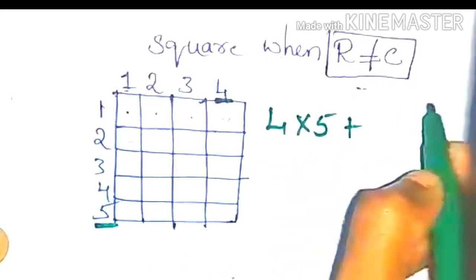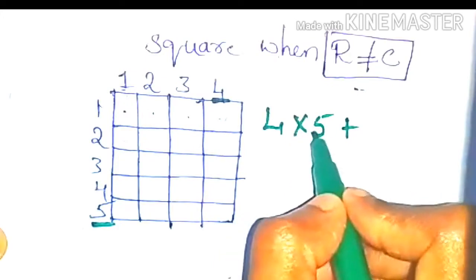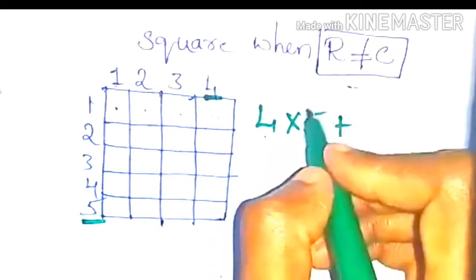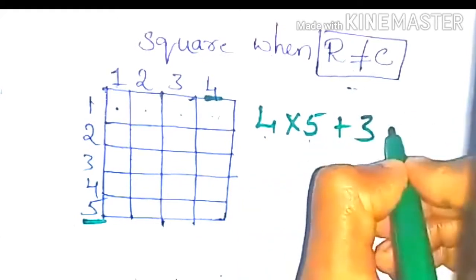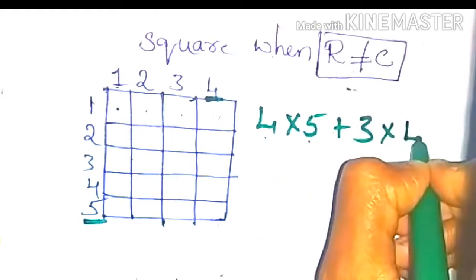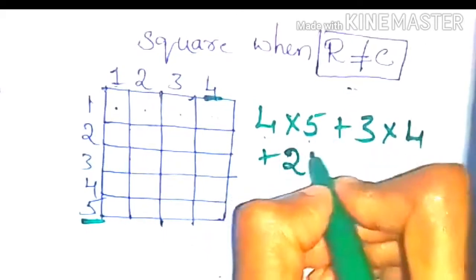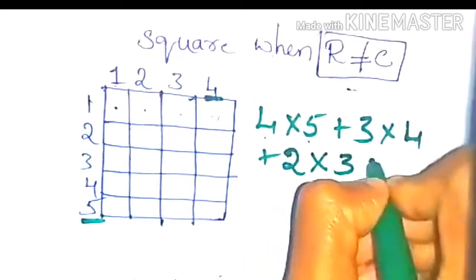Now subtract 1 from each of these two terms. From 4 subtract 1, that is 3, and from 5 subtract 1, that is 4. Next, from 3 we get 2, and from 4 it is 3.